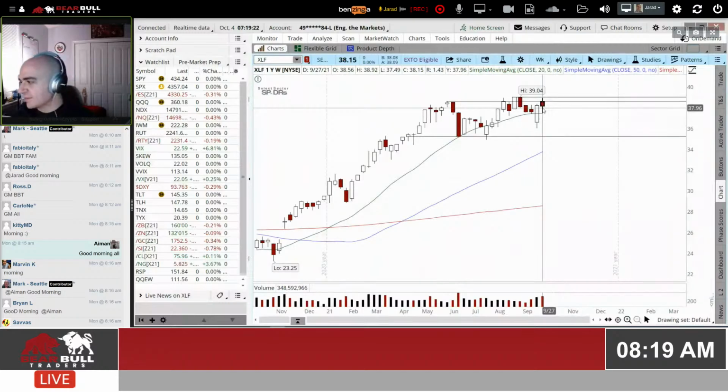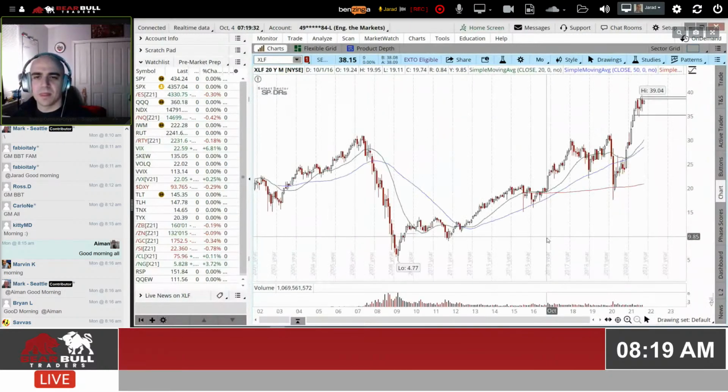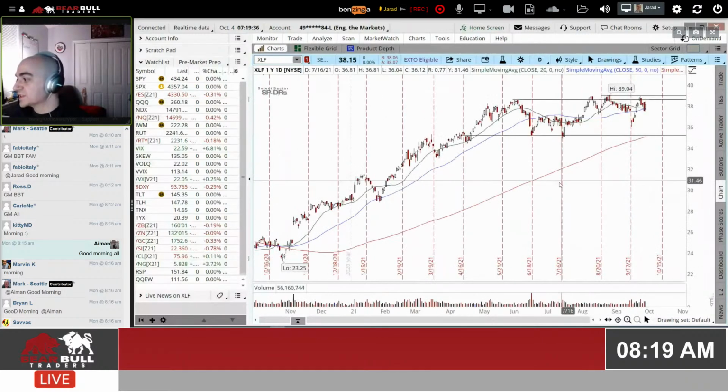They, of course, are setting up well with the spike in interest rates, and as they are testing all-time highs, this, of course, can lead to a breakout. But for now, last week was so volatile in regards to a lot of sector weakness. Financials actually were not necessarily bullish.